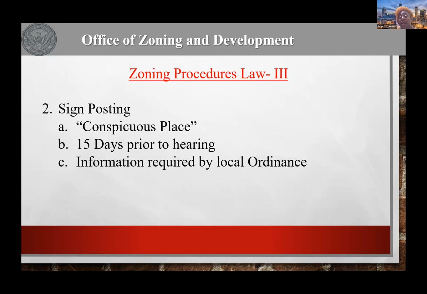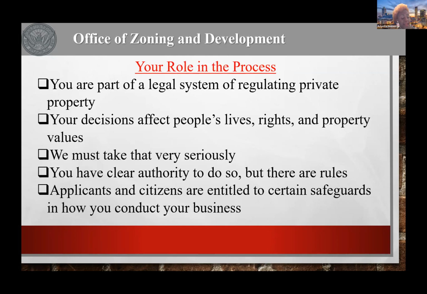In the pandemic, we had to make adjustments to our signs, and now you see QR codes. Those QR codes link you to our website, and on our website, you will find our agenda so that people could be noticed during the pandemic in the time when we were not actually meeting in the office. Now, what is your role in the process?